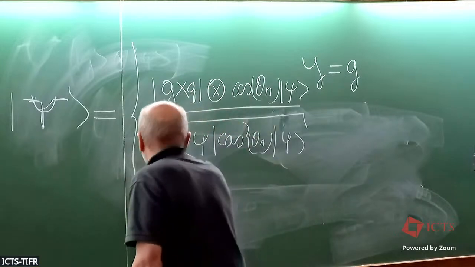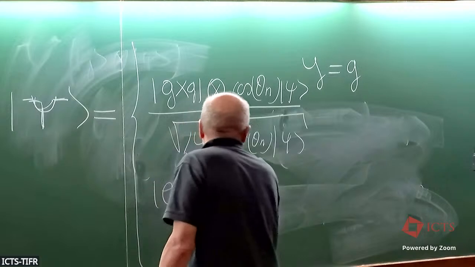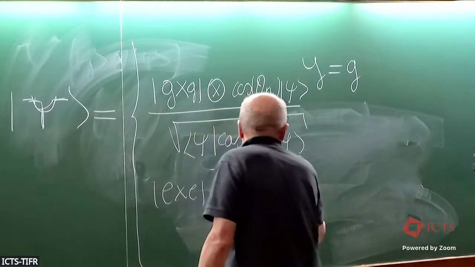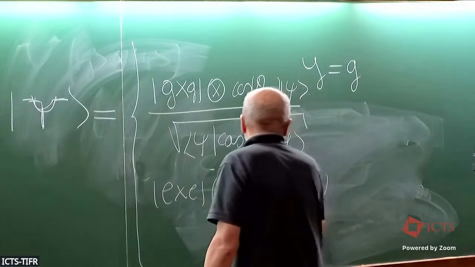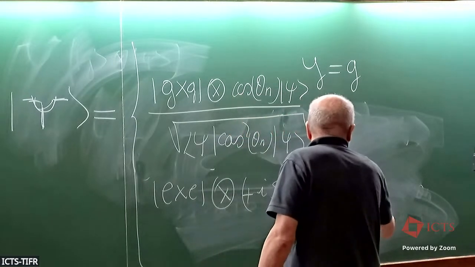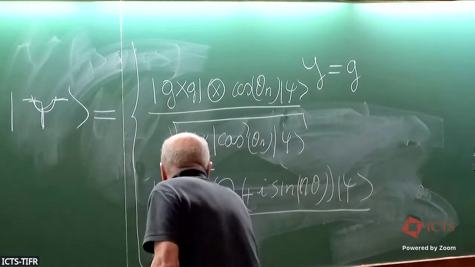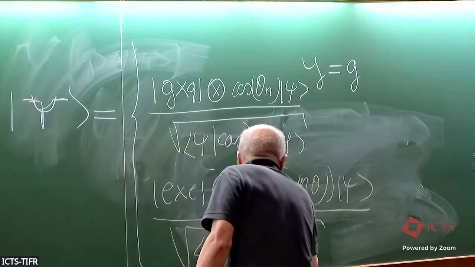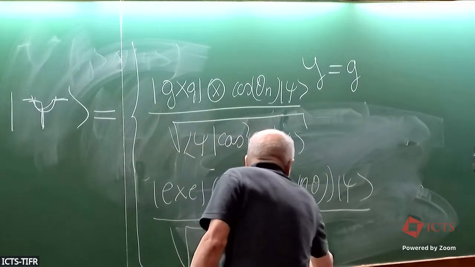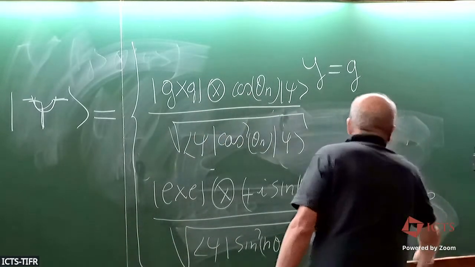Or if I have the other one, it is EE tensor minus E plus E sine of n theta on psi, and I divide by the norm of this guy, the square root of psi sine square of n theta psi, if I detect Y equal to E.